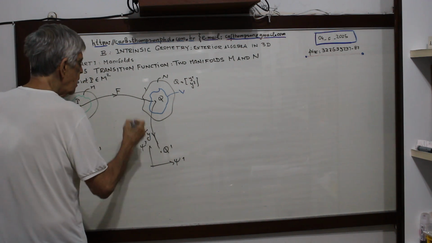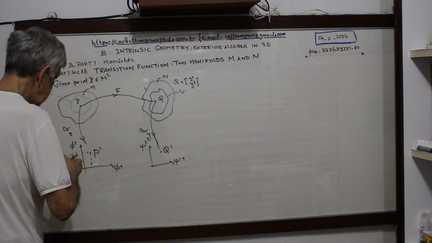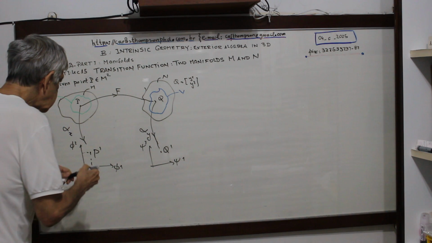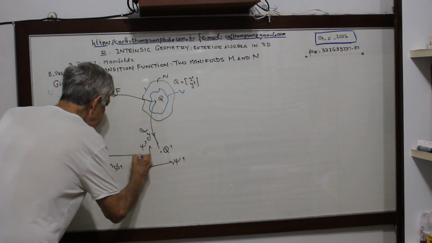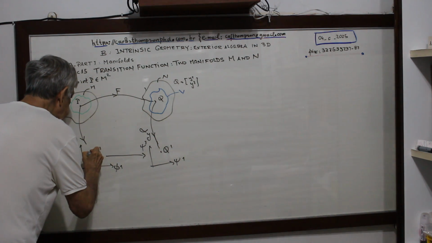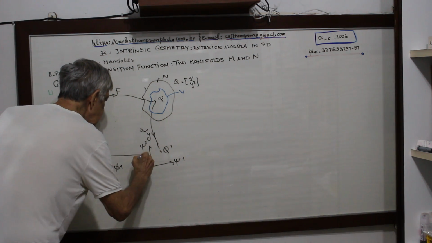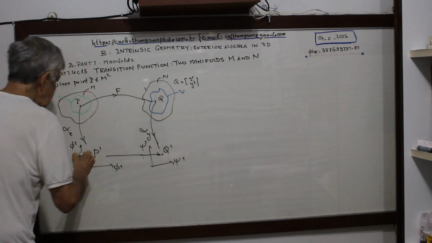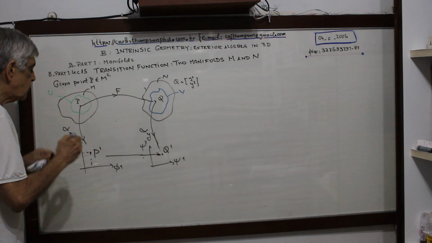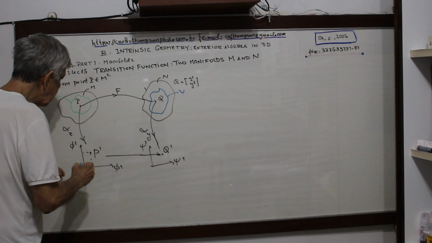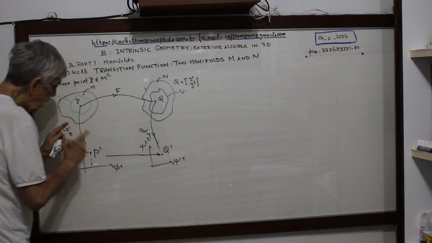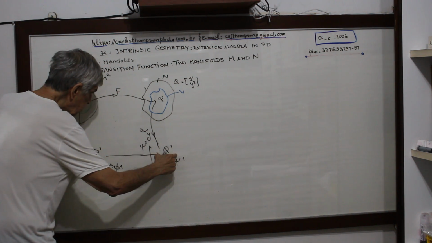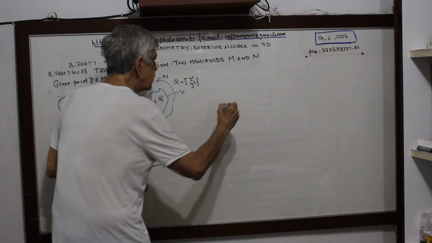Now, again, what I want here is the transition function between P prime and Q prime. You see, that's what I want. I'll put it here, Q prime. Now, there is a way to do it, quite easy. What I want is from P prime to Q prime. So there's a trick here.